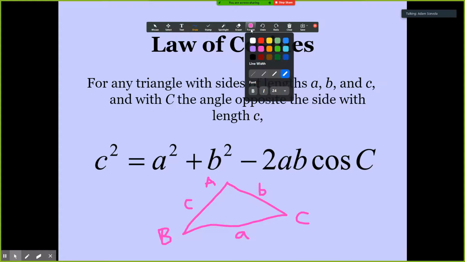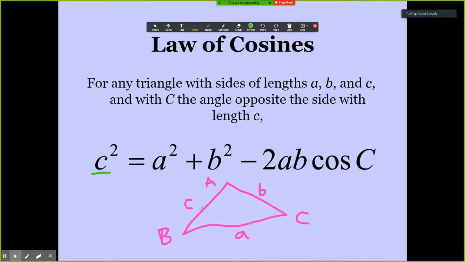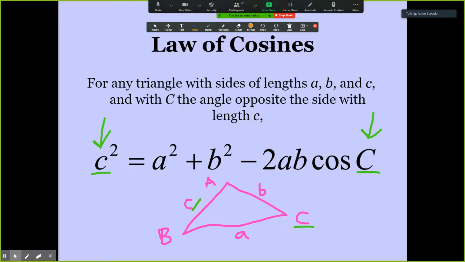What does matter is that the side c is across from angle C. So if you're plugging in for lowercase a, b, and c, then you're solving for the angle across from this side, whatever side that goes there. Or let's say you're given two sides, then that would go in for a and b.